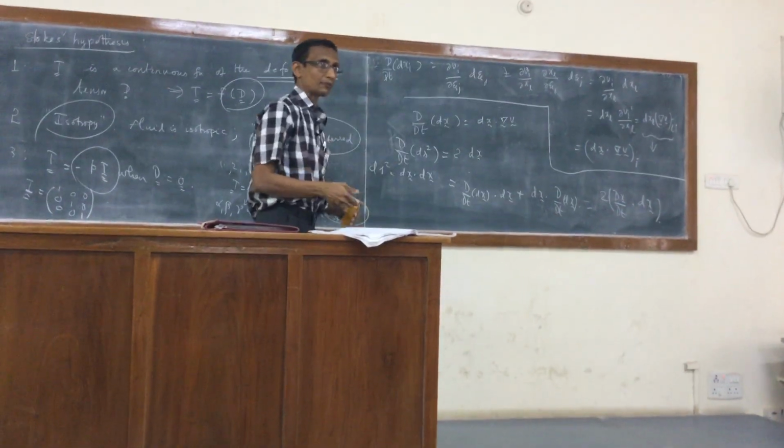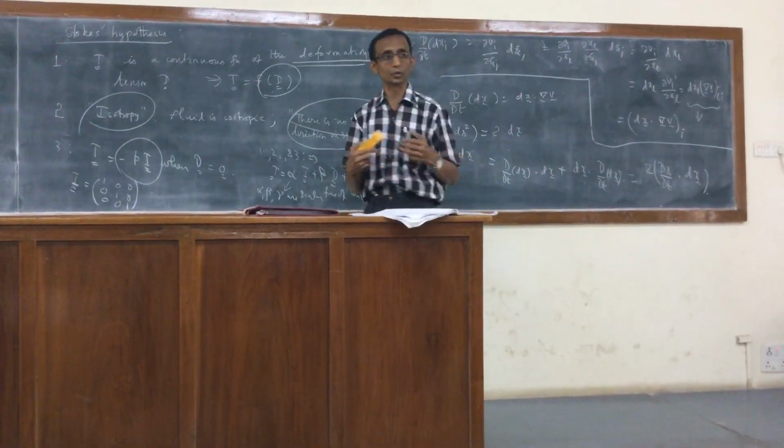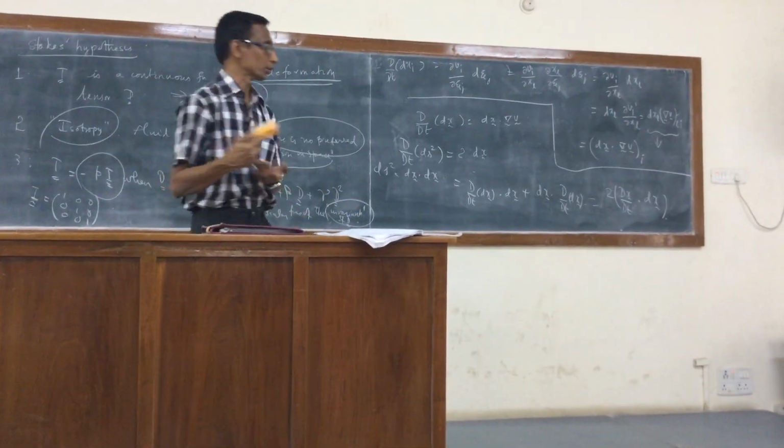Certainly it can be written that way also, and because both of these terms are equal to each other, I can write this as 2 times any one of those 2 terms.